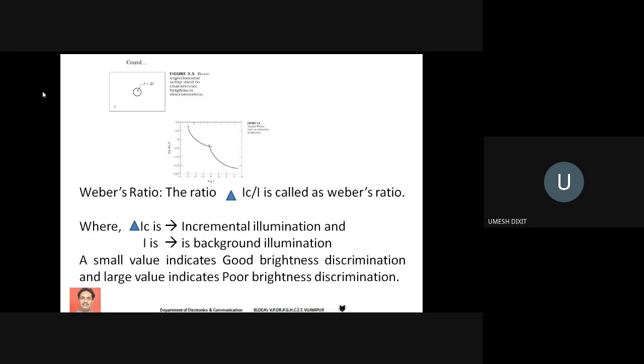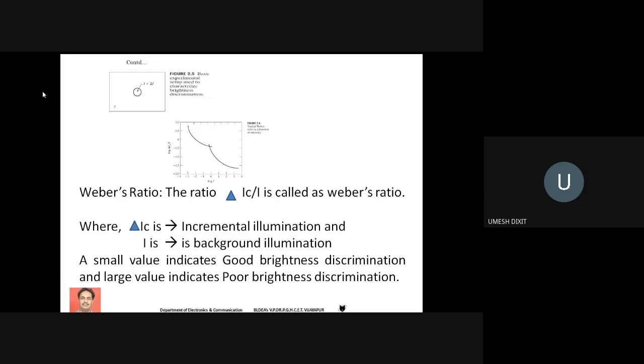A small value of this Weber's ratio indicates good brightness discrimination. A small value of ΔIc/I is possible if I is large. If the background illumination is large, we can say that we have good brightness discrimination, and a large value indicates poor brightness discrimination.